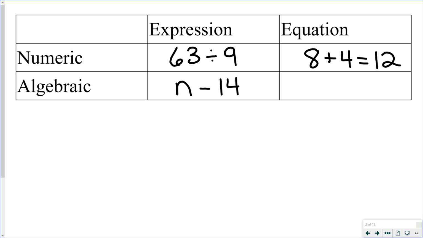And an algebraic equation example would be L times 5 equals 40. And you'll notice for multiplication that we use a dot. That's called our multiplication dot. You still say times when you put it in, but we start using the multiplication dot instead of the multiplication x because x is a very popular variable.